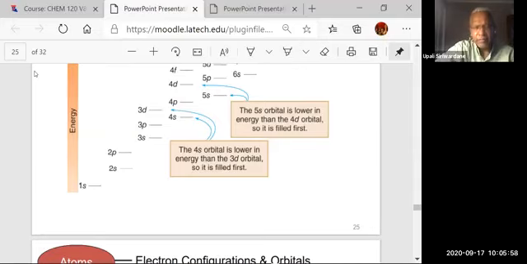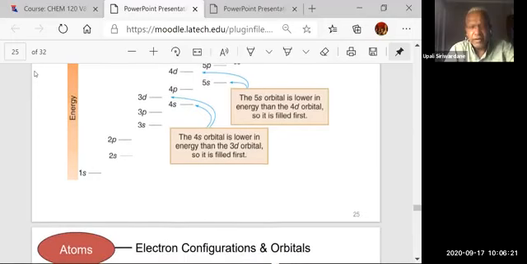So there's an exception. It's not the number. Normally quantum number 4 is higher energy than 3, but in the case of 4s and 3d, 4s is filled before 3d.